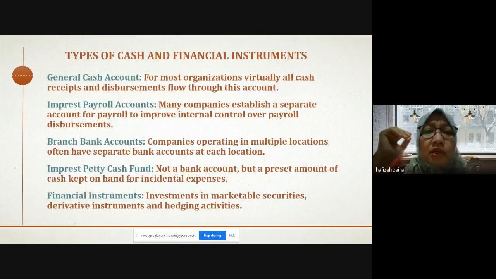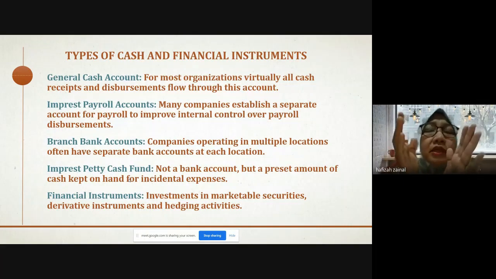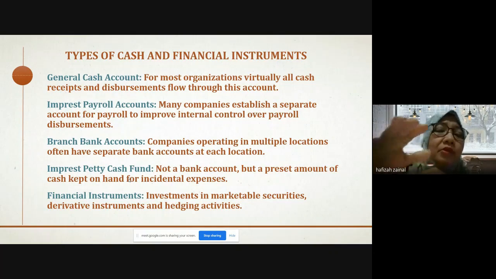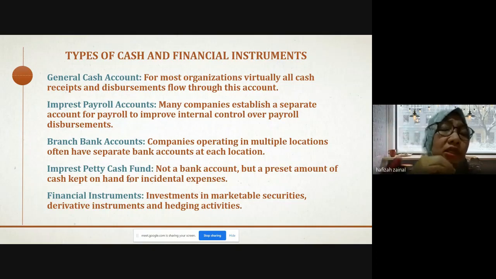Okay, so the types of cash and financial instrument, as I already mentioned just now: the general cash account, where you have the normal bank account that gets the collection from the accounts receivable, and then you make the payment, the disbursement, to the supplier and so on. Okay, and then you have the imprest payroll account. The imprest payroll account is purely to monitor the payroll transactions. All right, and then you also have branch bank accounts.